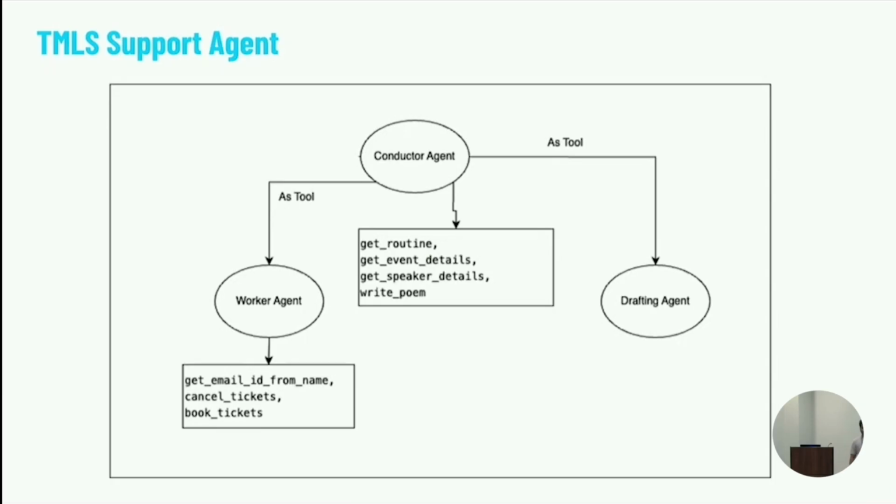Yes, that is a very relevant question. From some experiments that I have done, I found that the right number of tools for a particular agent is anywhere from 6 to maximum 10. That is what performs really well, because after that it starts getting confused and calls the tools unnecessarily.